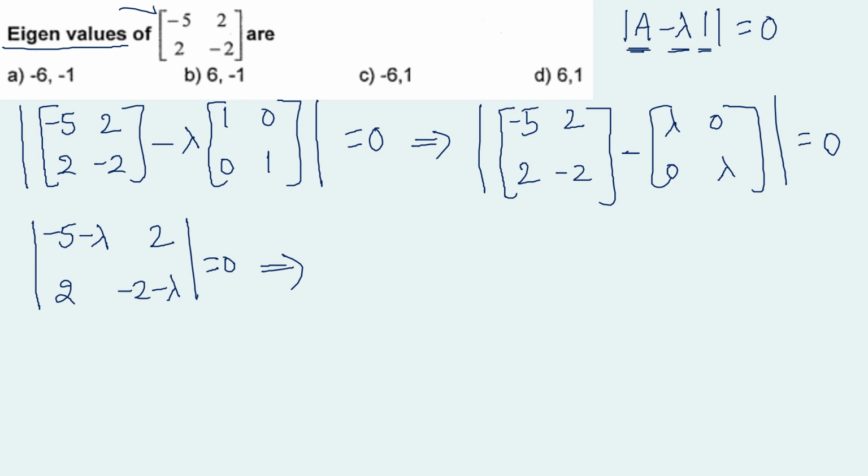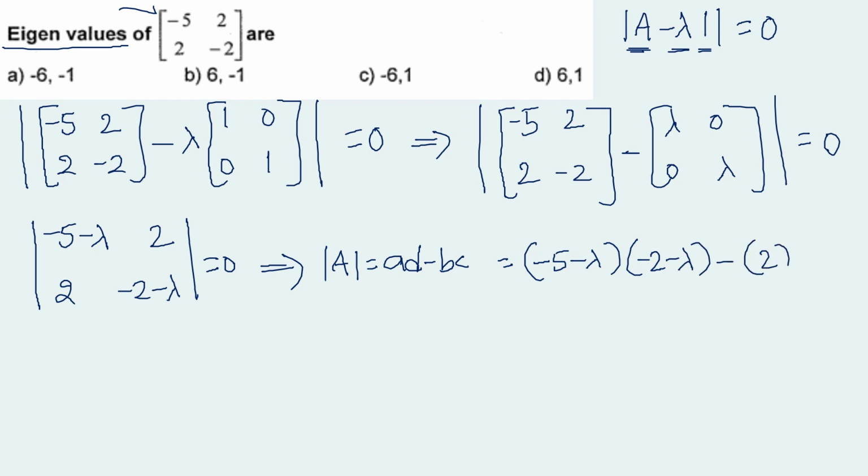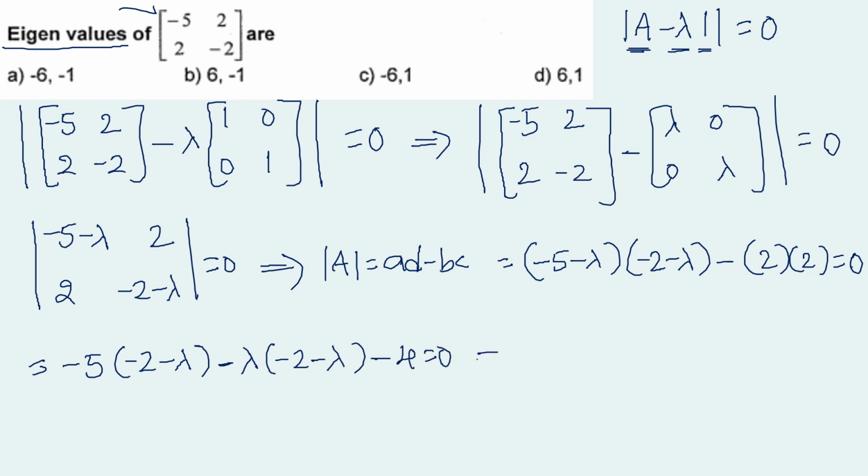For a 2 by 2 matrix we know det of A equals AD minus BC, that results in (minus 5 minus lambda) times (minus 2 minus lambda) minus 2 times 2 equals 0. Now just simplify this equation. Minus 5 times (minus 2 minus lambda) minus lambda times (minus 2 minus lambda) minus 4 equals 0.